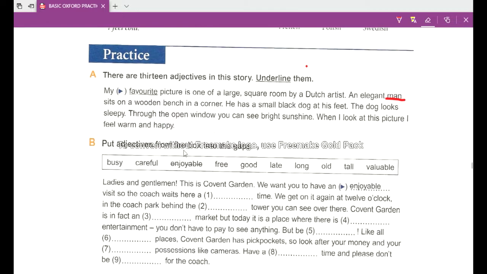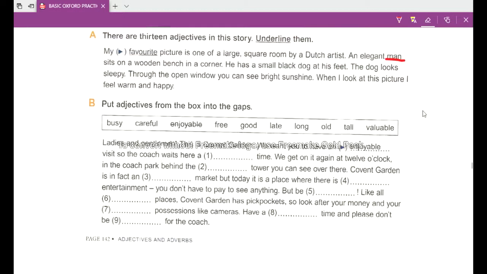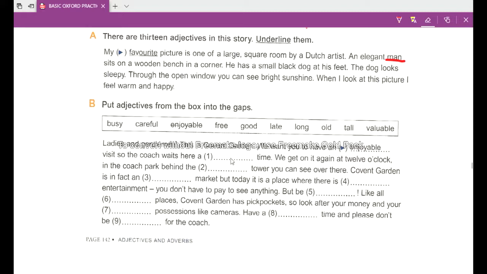Exercise B. Put adjectives from the box into the gaps. What do you understand by gaps? You know, these spaces we call gaps. Okay, gaps: 1, 2, 3, 4, 5, 6, 7, 8, 9. We have 9 gaps. Like here, "Ladies and gentlemen, this is Covent Garden.